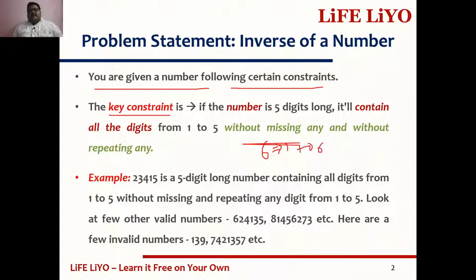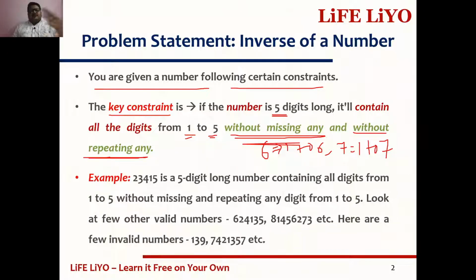If your number has 7 digits, then it should consist of 1 to 7 without missing any digit, and there should not be any repetition. That is the first constraint. Whatever the size of the number, it should have all the digits from 1 to that size without missing any number, and it doesn't have any repeating values.